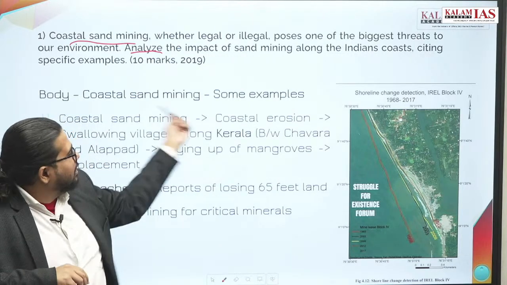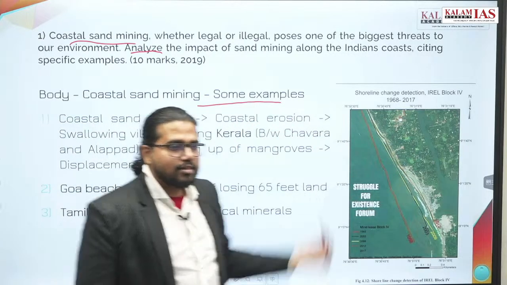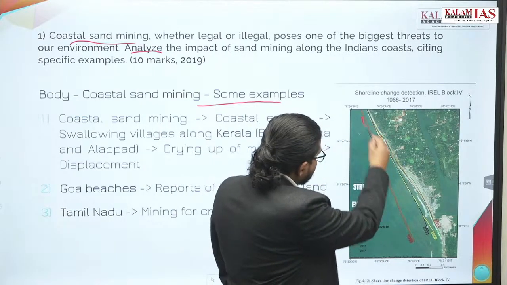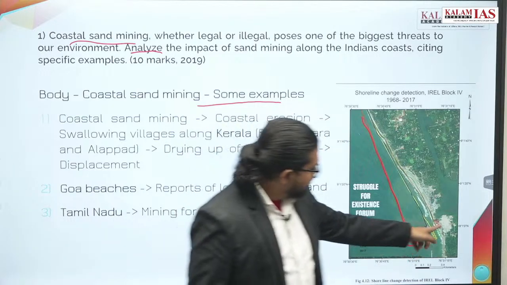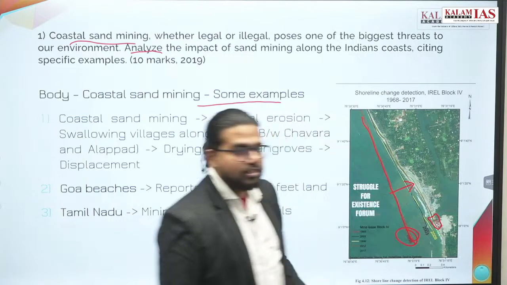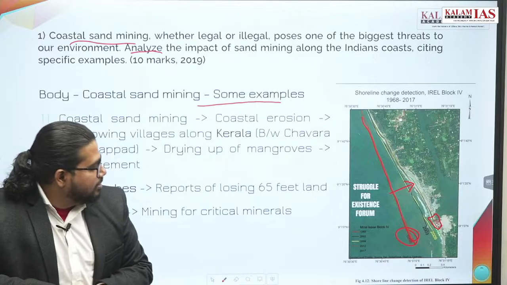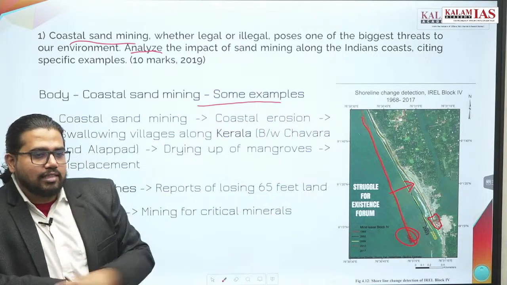So here are some certain examples. You can see how the coastlines are moving. This is the red line, you can see. This is 1968 and this is the 2012 line. This much of the coast is being lost. This is the Kerala map, Kollam district I guess, near Trivandrum at the southern end of Kerala.